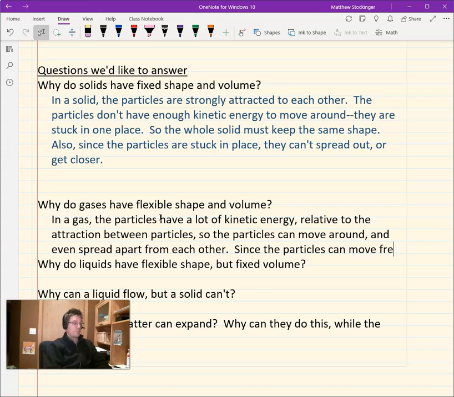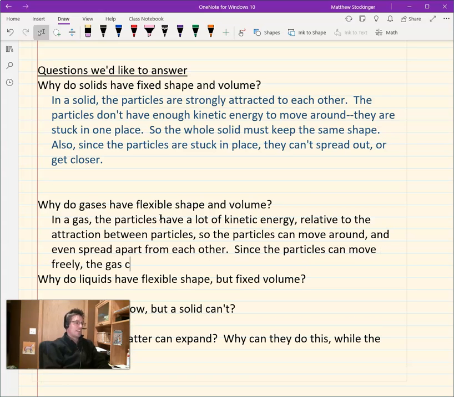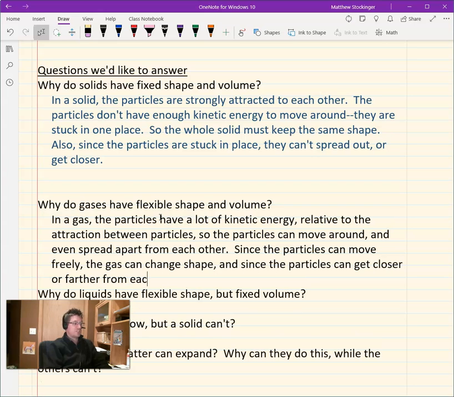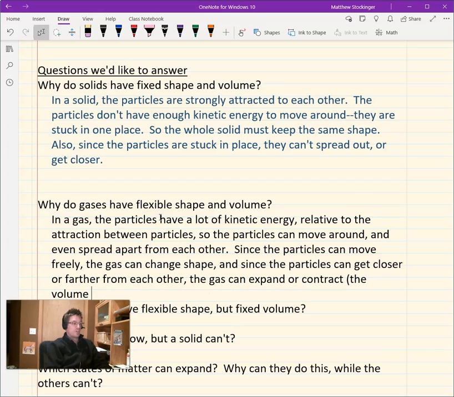Since the particles can move freely, the gas can change shape, and since the particles can get closer or farther from each other, the gas can expand or contract. In other words, the volume can change in a gas.